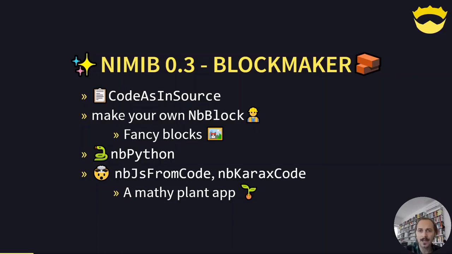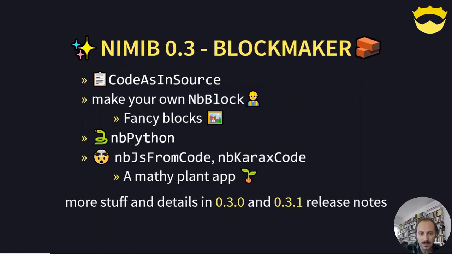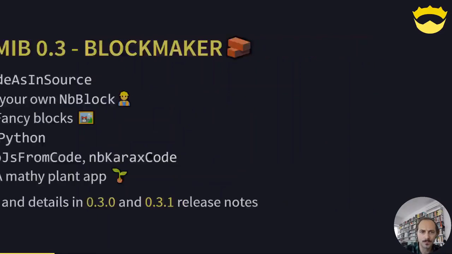And I will take it back at the end of the interactive presentation to show you an example of a complex application that shows interactivity. There is a lot more stuff in these releases. The release notes are very detailed, so I refer you to that.